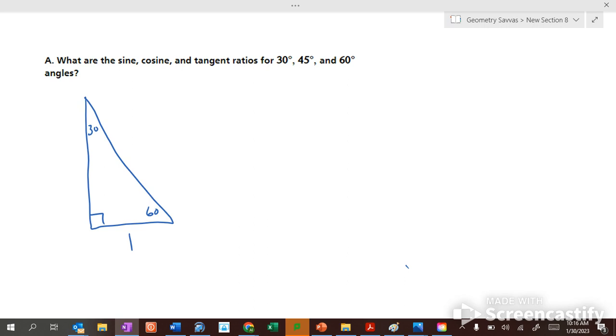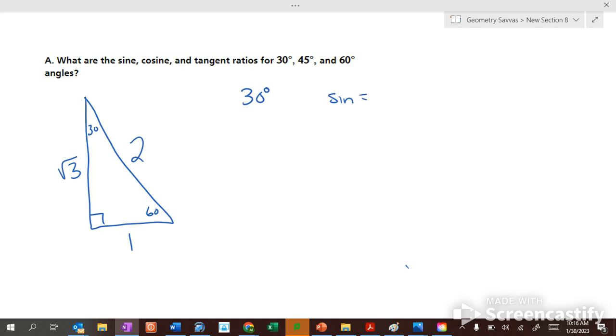So how do I get from my short leg to my hypotenuse in a 30, 60, 90? Multiply by 2. So this is 2. How do I get from my short leg to my long leg in a 30, 60, 90? Square root of 3. Okay? So if I'm talking about a 30-degree angle, what is the sine?